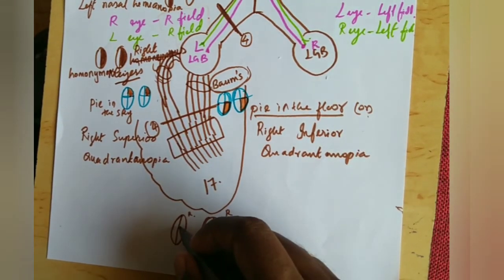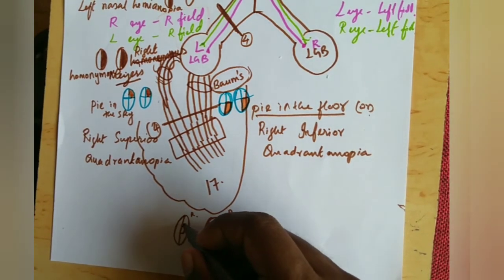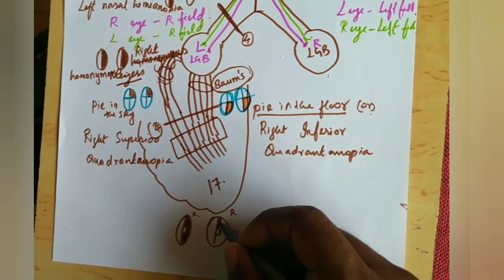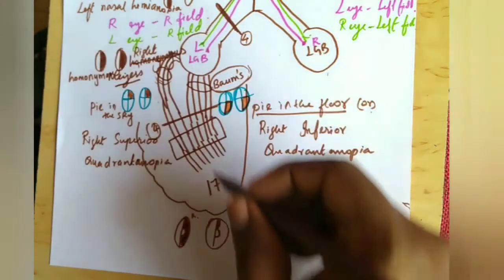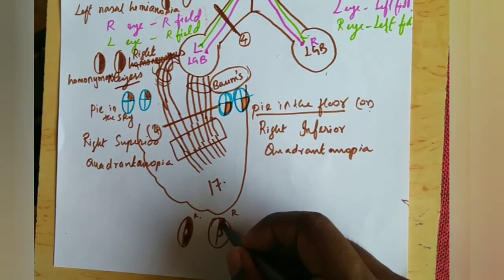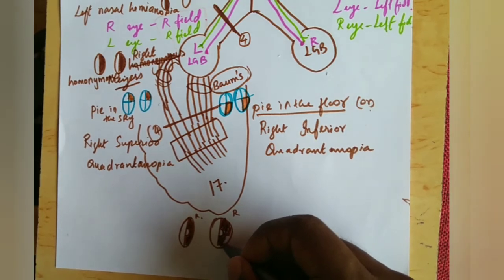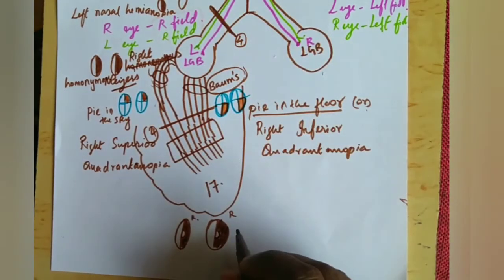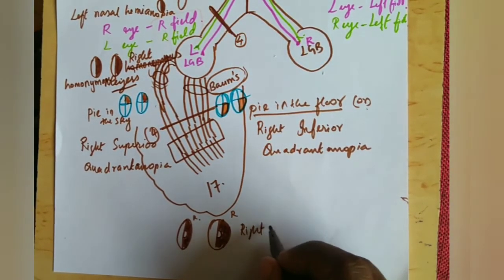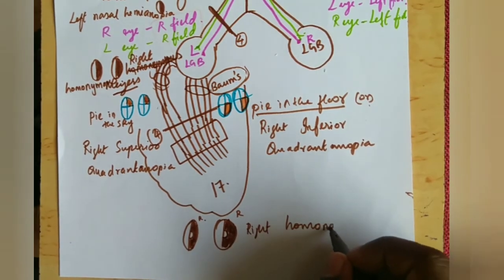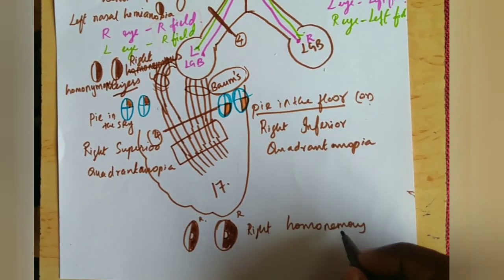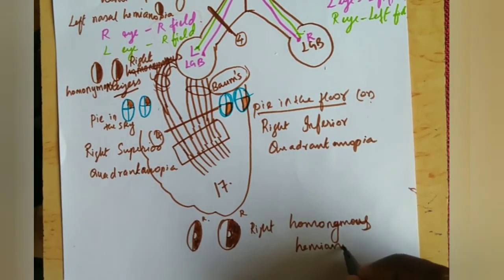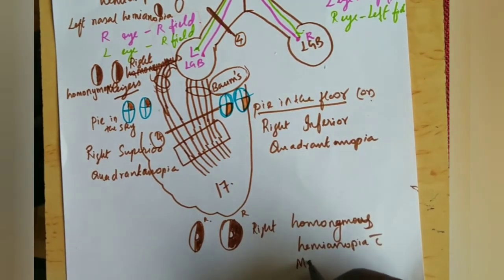So this is the macular region. Other than the macular region, the rest of the part is affected. So this is something similar to this, but with macular sparing. So it can be called right homonymous hemianopia with macular sparing.